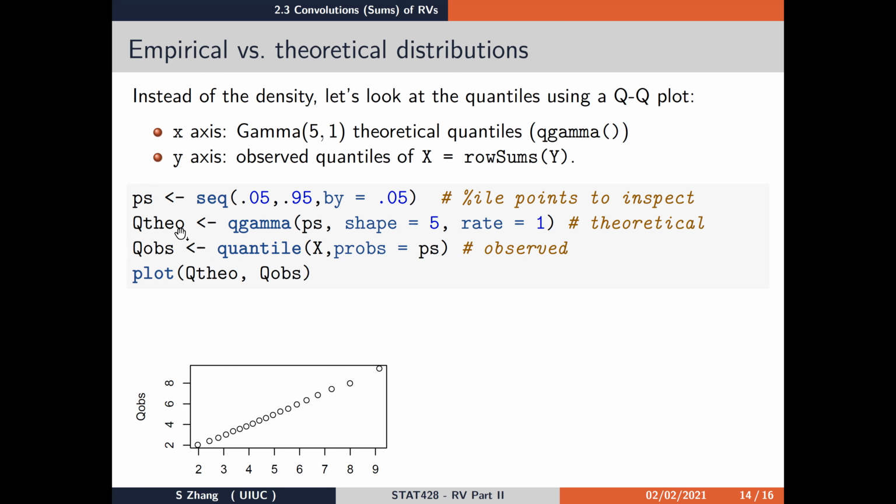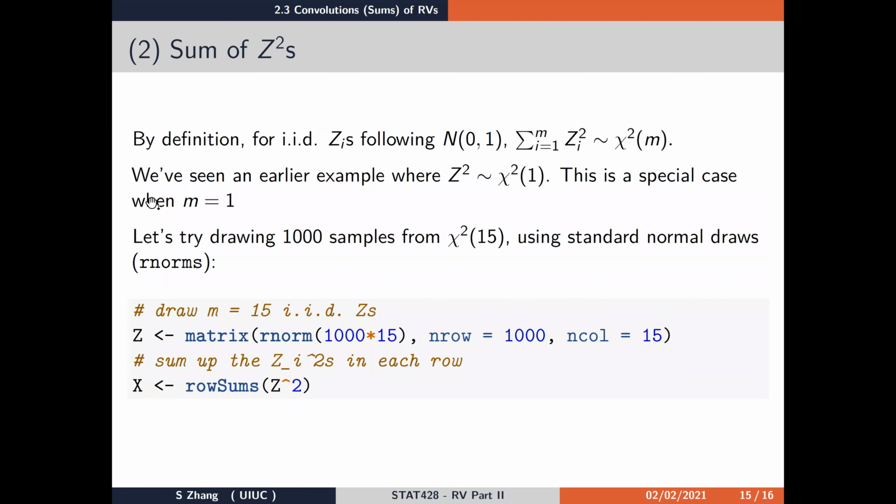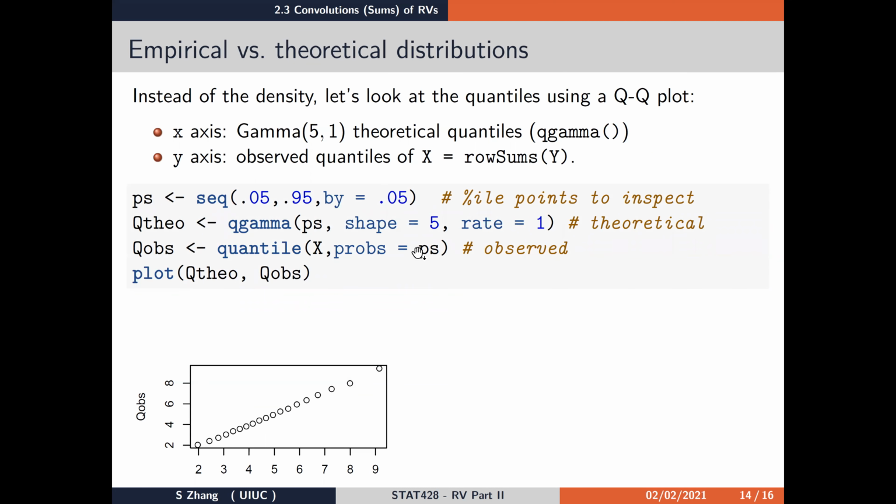The theoretical quantiles can be obtained by using the qgamma function applied to each of the p's with the following parameters, so shape of 5 and rate of 1. The observed quantiles again can be obtained using the quantile function, where we again specify the p's, the points that we want to look at. And then we can create a plot where the x-axis is the theoretical quantiles at these points, and the y-axis is the observed quantiles at these points.